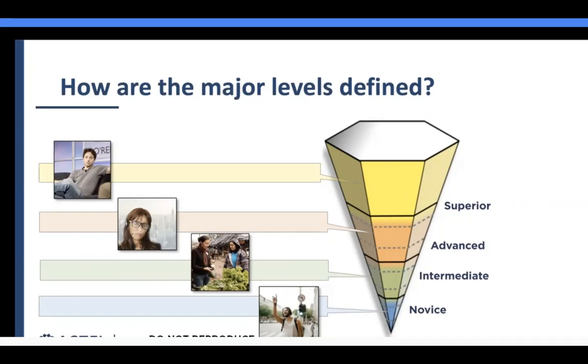Intermediate, of course, is seen as a survivor, because they can do simple, familiar situations in which they can survive, like going to a market or a supermarket and getting what they need, or a restaurant where they can ask and answer questions to be able to get what they need.